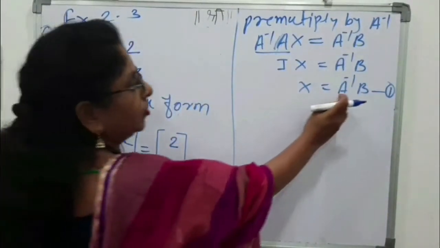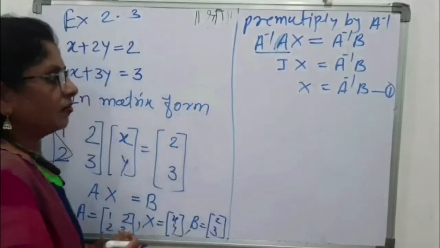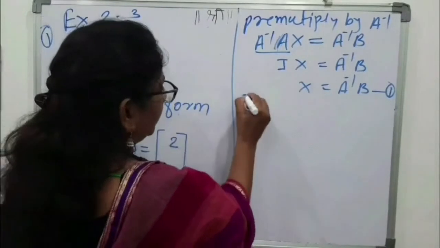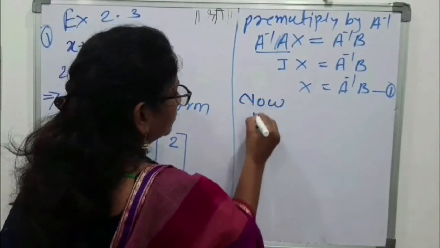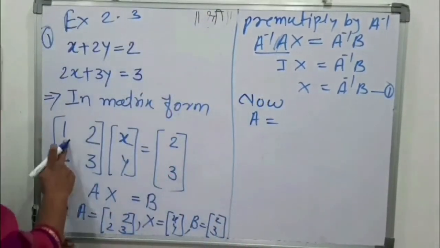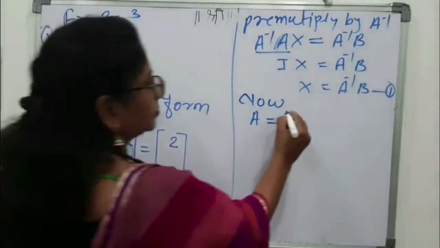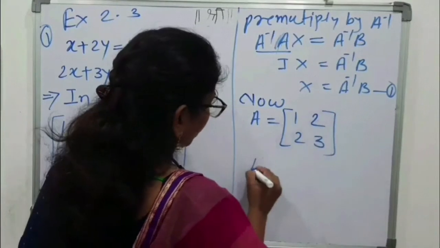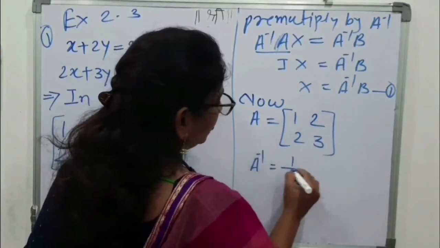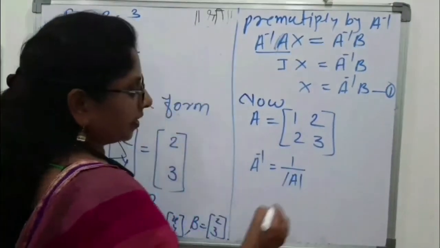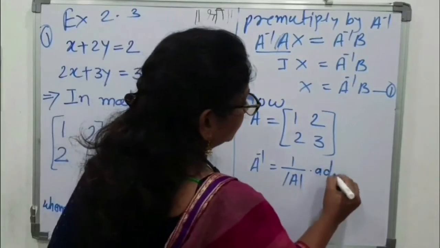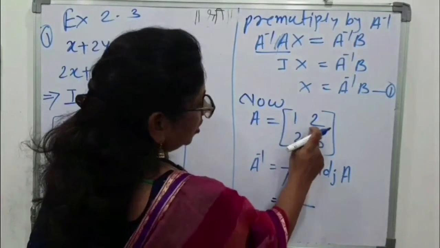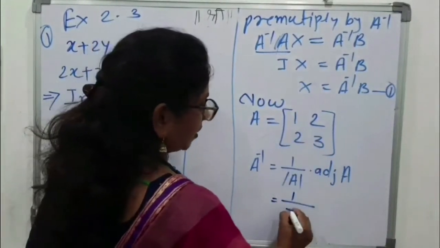We will put the value of A inverse in equation 1 and get the values of x and y. Now what is your A? 1, 2, 2, 3. So what is A inverse? 1 upon determinant of A into adjoint A.